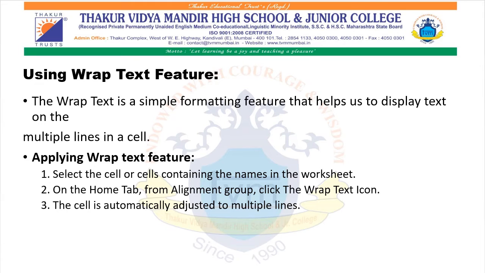Then third, the cell is automatically adjusted to multiple lines. So without changing the width of the cell, you can adjust the content of the cell in multiple lines in that same cell. Now the next thing we will understand is adjusting the row height and column width.